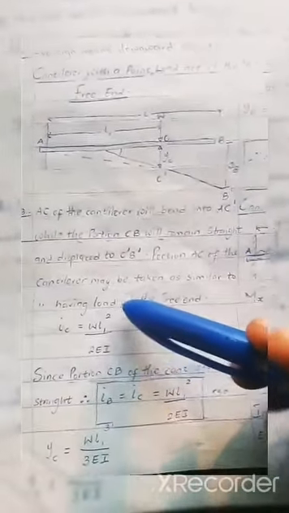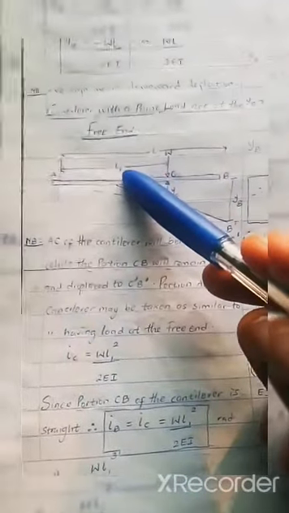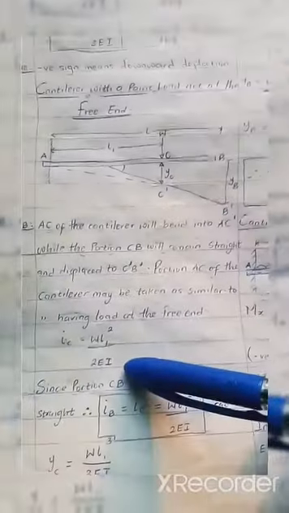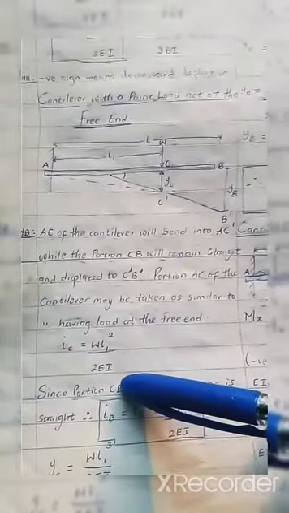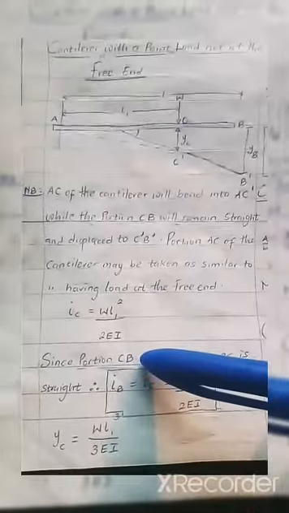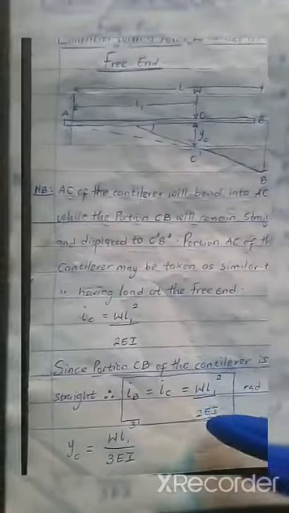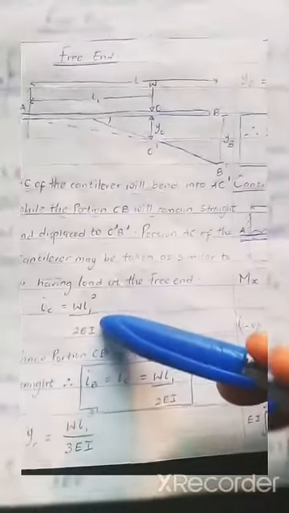This L1 means the small distance from C. This is the slope at C. The slope angle at point C is the same as the slope angle at point B, where we're having the maximum deflection, which is also equal to WL1 squared over 2EI, in radians.